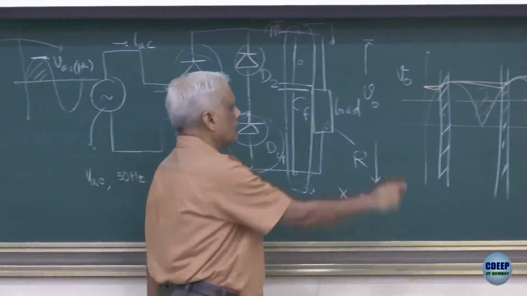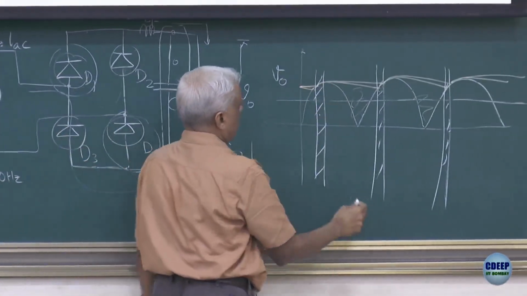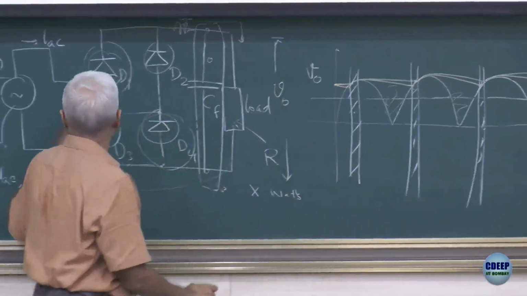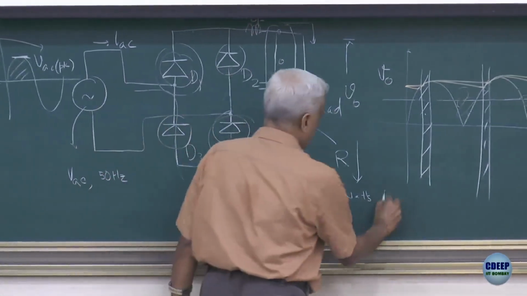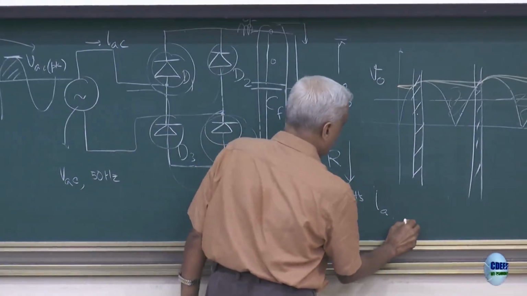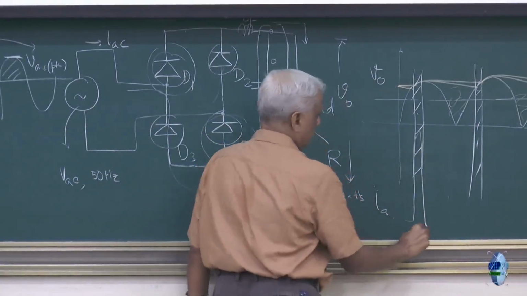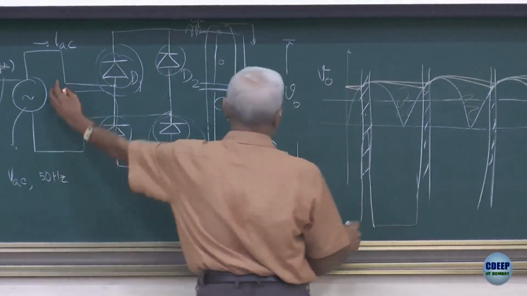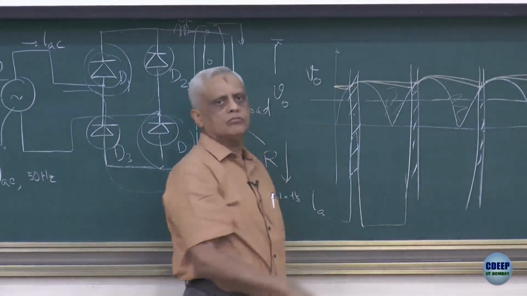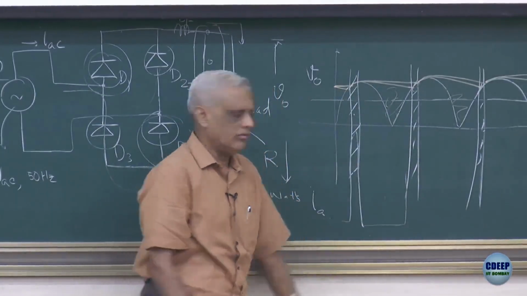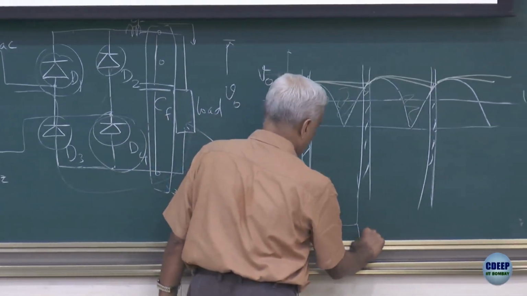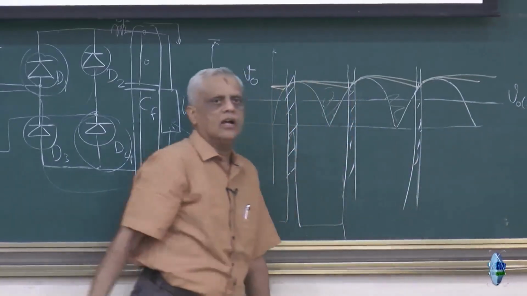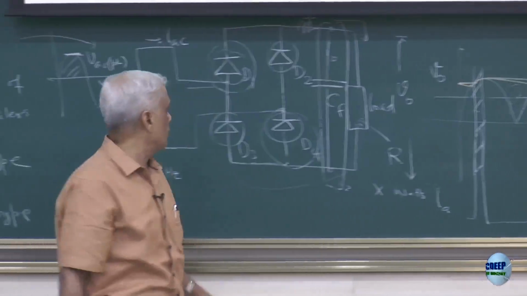So the current that will flow from the AC side, I am talking about IAC, will flow only during this time, a peaky current. And because this is on the AC side, on the negative side it will be down. So I should be drawing it something like this, down. Then again it will be up, and then next time down, like that. This kind of current will be drawn from the AC source.